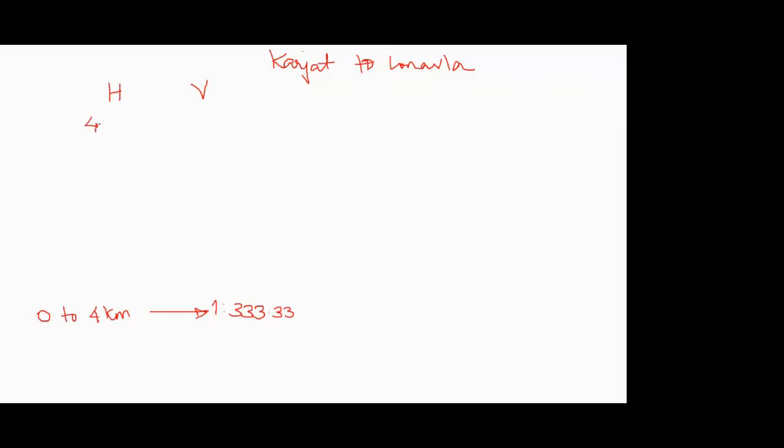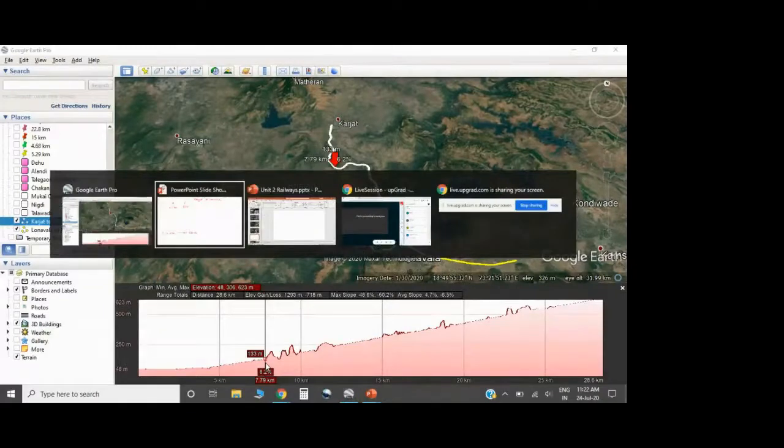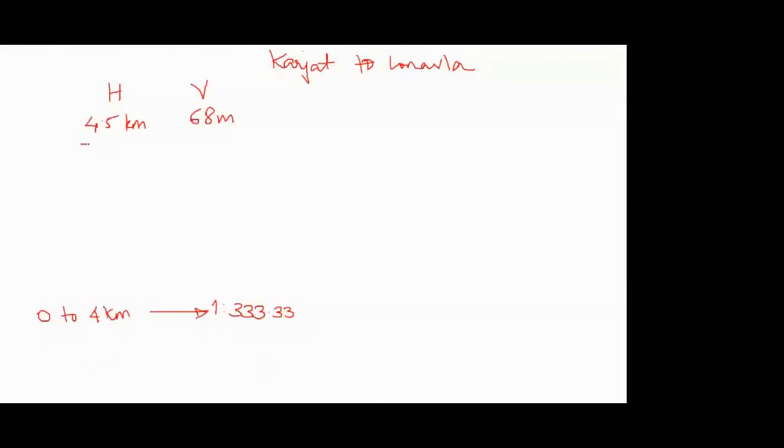Again, at 4.5 kilometer you have a 68 meter elevation. And if I take another point, I'm just calculating the slope, just like you calculate the slope for any straight line graph. Here I'm getting almost 7.8 kilometer, where it's 133 meter of elevation.